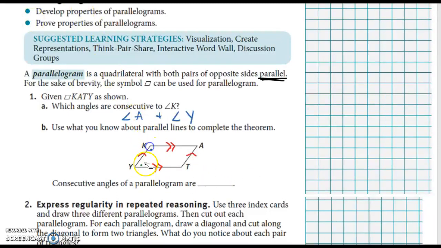And just like K and Y, if we look over here, K and A are also same side interior angles, which are also supplementary. Therefore, we can say that consecutive angles of a parallelogram are supplementary, meaning they add up to 180. Add them together and they add to equal 180 degrees. Cool.